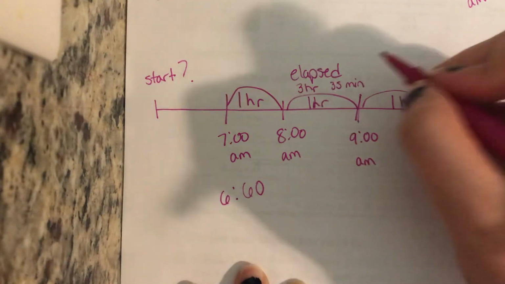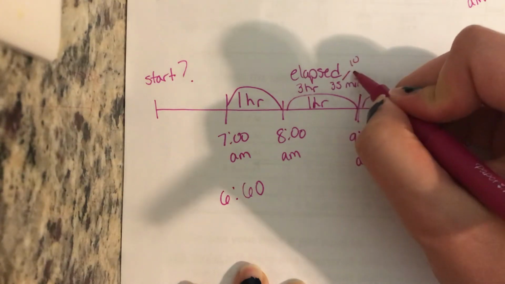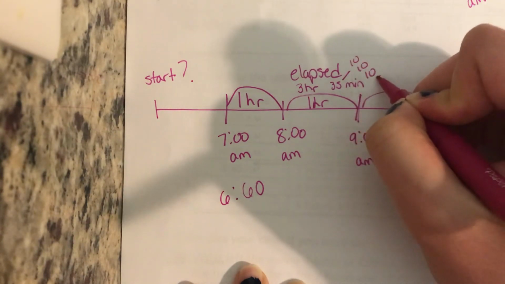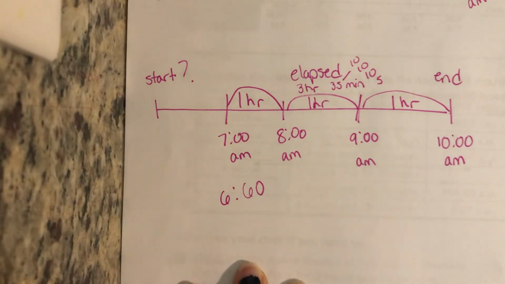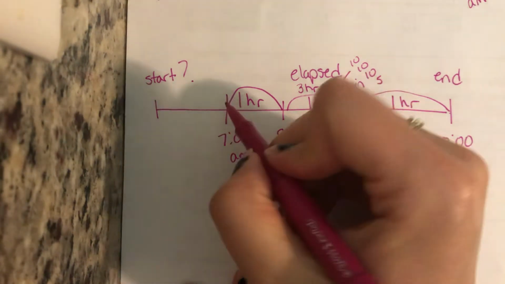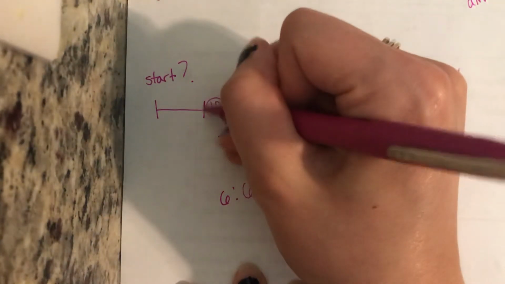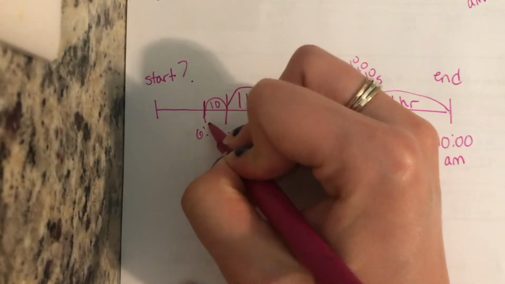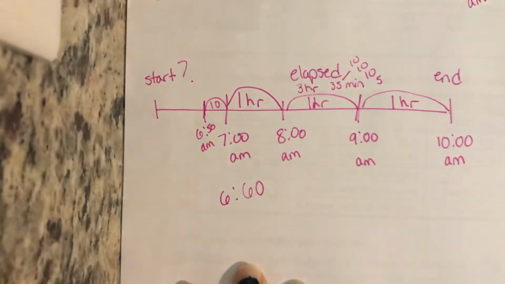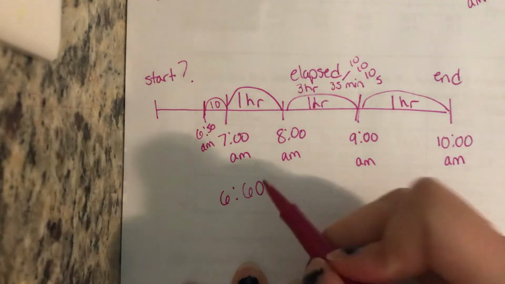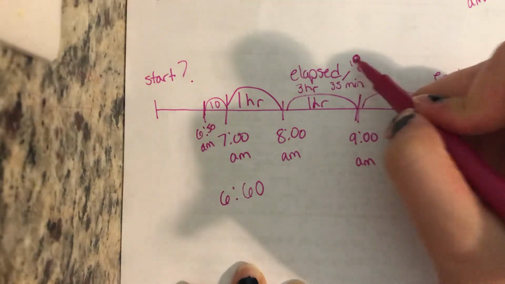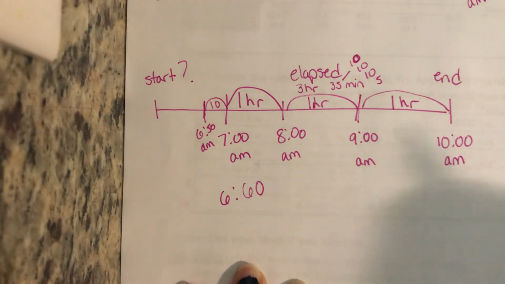So I'm going to break 35 into 10, 10, 10, and 5. That to me makes sense, and it's going to help me with my jumps. So if I do a small 10-minute jump, 10 minutes before 7 is 6:50 a.m. And that makes sense because 60 minus 10 is 50.